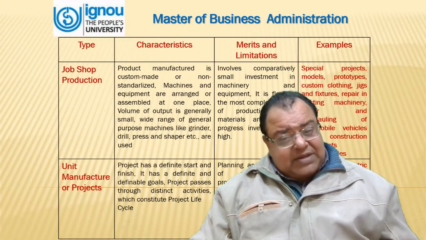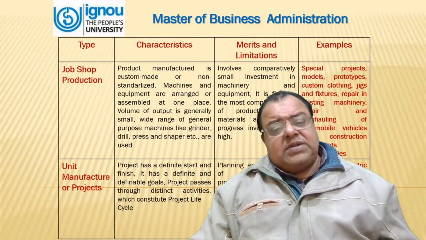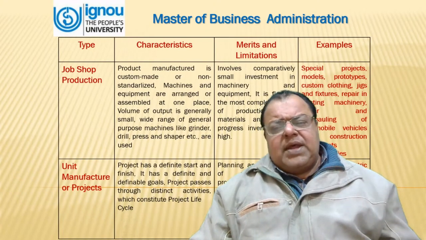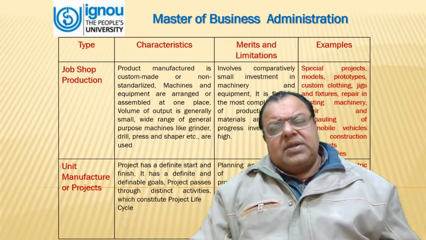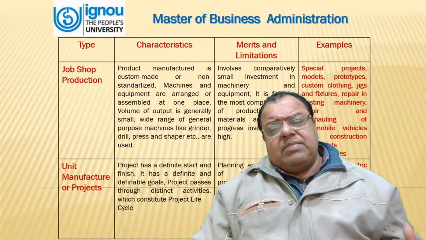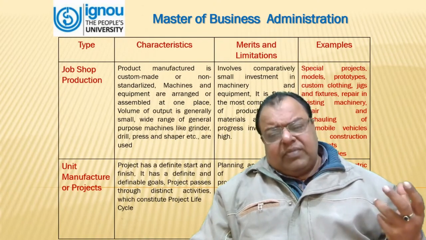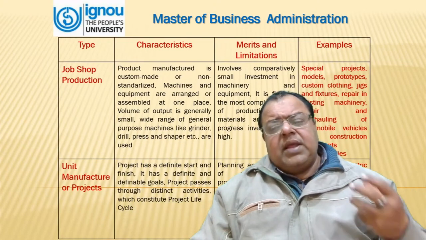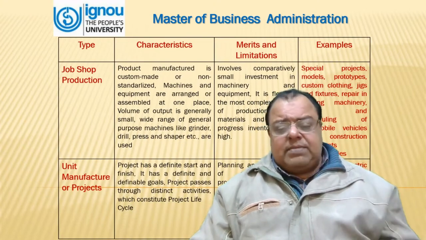It is flexible, the most complex system of production. Raw material and work in progress inventories are high. Examples are special projects, models, prototypes, custom clothing, jigs, automobile vehicles, overhauling of automobile vehicles, and construction equipment sub-assemblies.